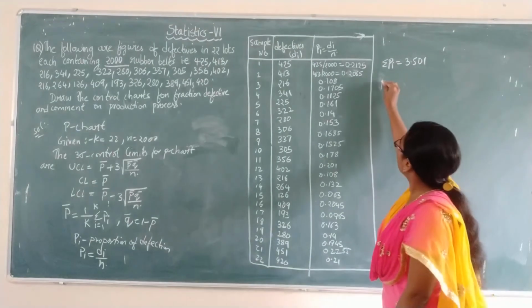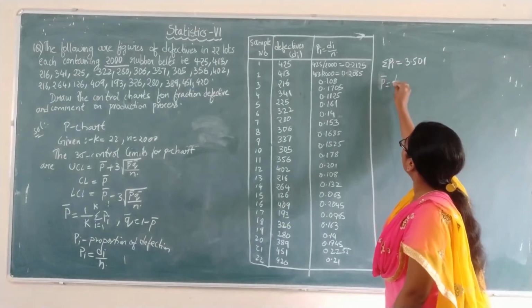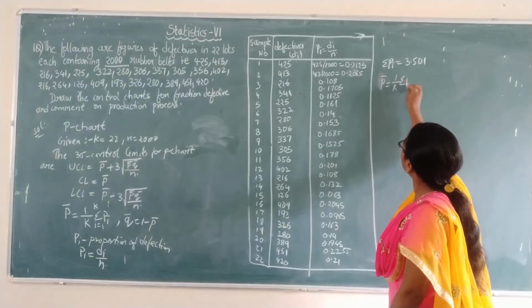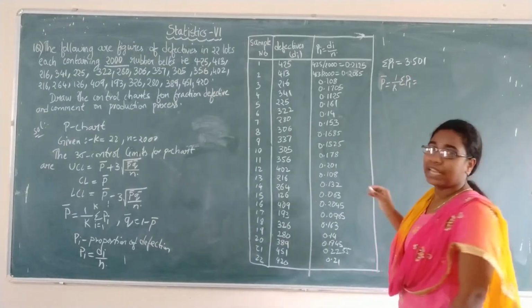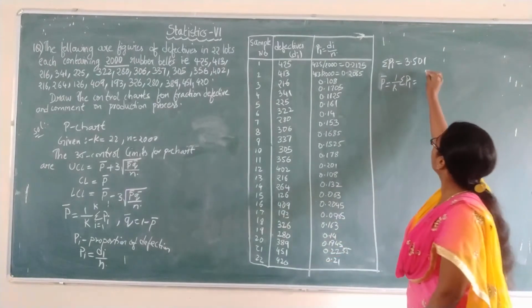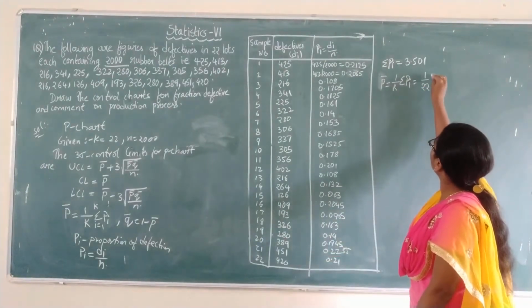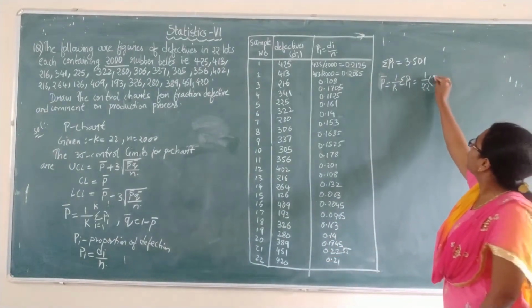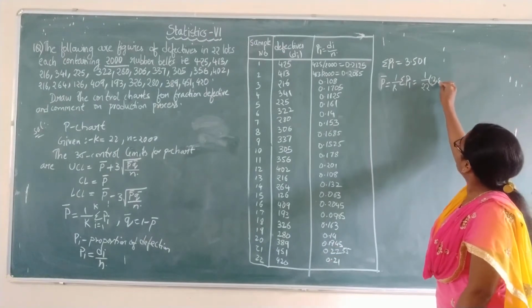What is P bar? P bar equals 1 by K summation P i. K is the total number of samples, that is you have 22 lots, so 1 by 22 into summation P i, which is 3.501.